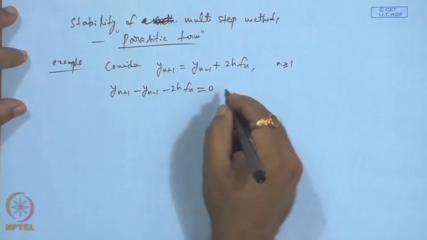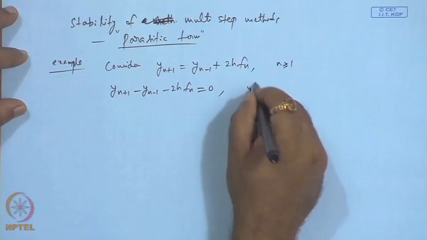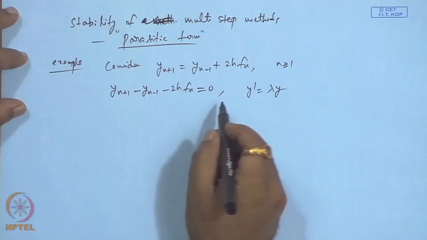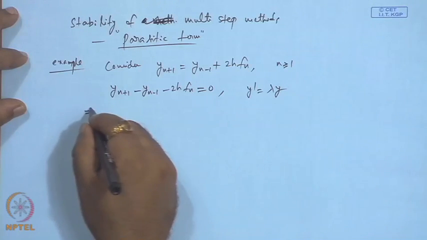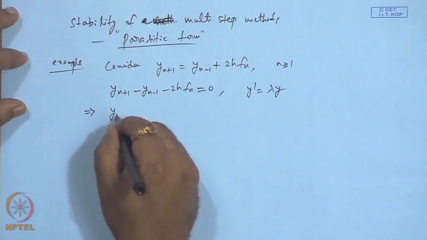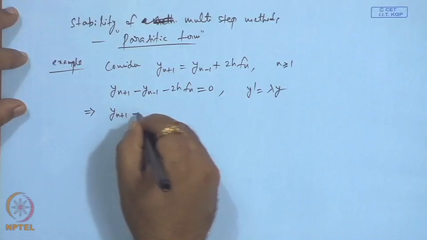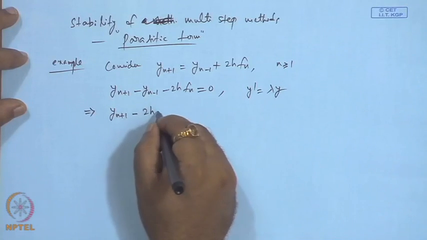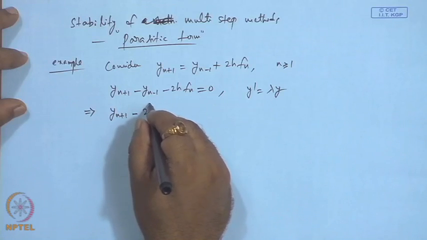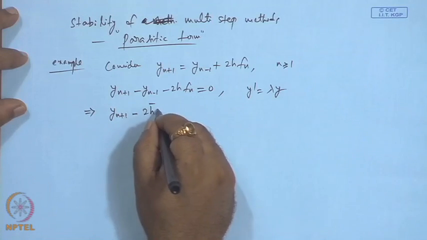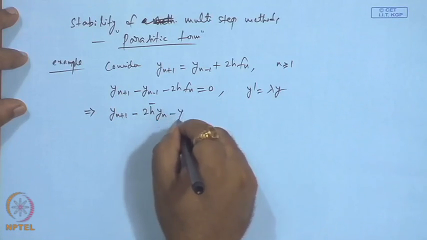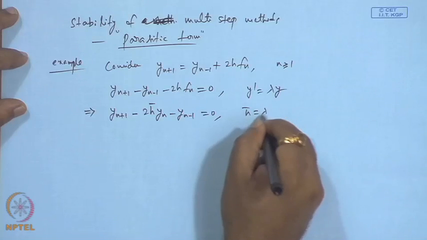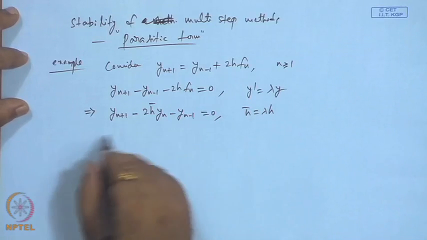So, then with reference to absolute stability, the reference equation is y prime equals lambda y. Okay. So, accordingly, this becomes y n plus 1 equals y n minus 1 plus 2 h bar y n, where h bar is lambda h, okay.